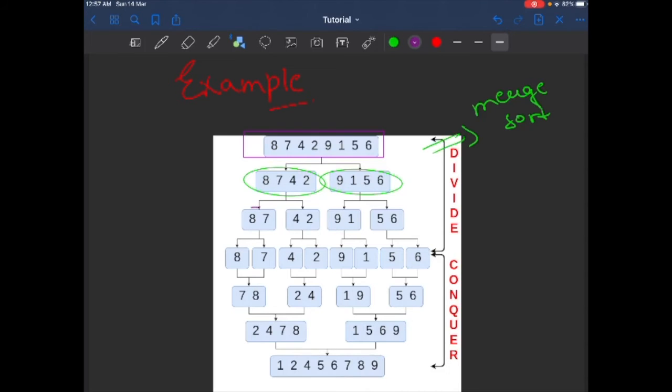So here we get 87, 42, 91 and 56. We see that these again can be divided, which will make it much easier for us. So the single numbers 8, 7, 4, 2, 9, 1, 5 and 6. This is the stage where divide ends.